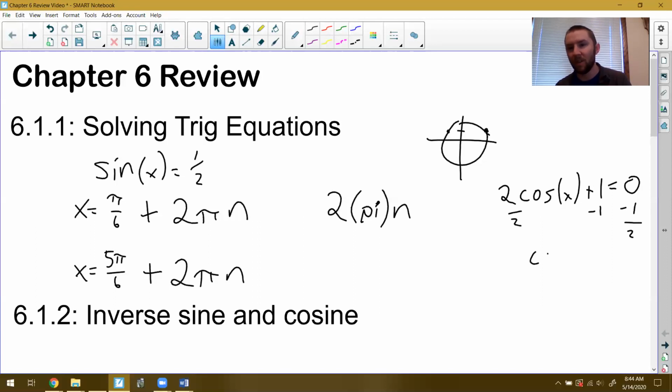So what we end up with is cosine of x is equal to negative 1/2. Then this is something we can solve from our unit circle. Cosine being negative 1/2 would be up here and down here, 2 pi over 3 and 4 pi over 3. Then we can add 2 pi n if we need to. So remember that we do sometimes have to get the cosine or the sine piece alone first. That was the first section.